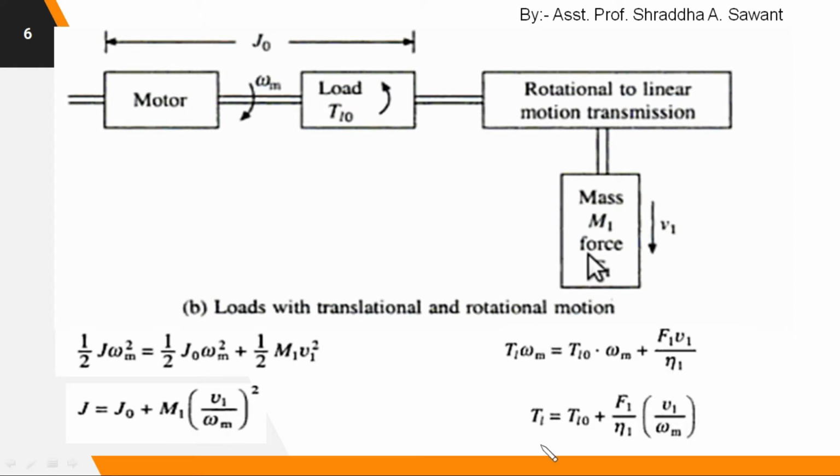And for the load torque, this term is related to the load which is directly connected to the motor, and this term is related to the load which is having translation motion. F1 is the force in Newton, efficiency of course you will get in percentage, v1 is the velocity, and omega m is the speed in radian per second, or in rpm.